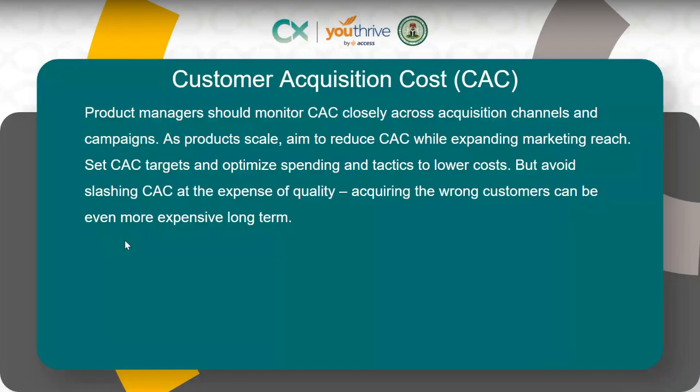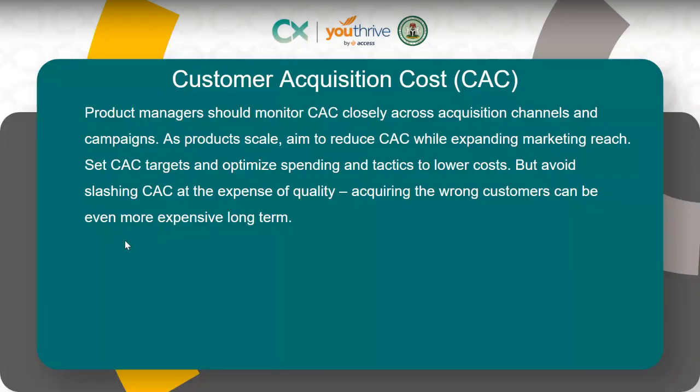So you want to optimize your Google ads, optimize your Facebook, optimize your content or your messaging and things like that, just so that you will bring down your CAC, your customer acquisition cost. But avoid slashing CAC at the expense of quality.